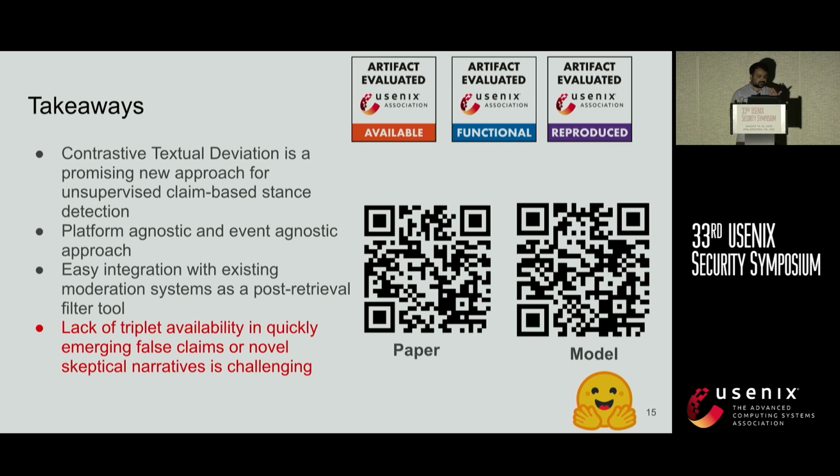There are some limitations of our work, because we assume that for any claim that we wish to moderate, there is availability of a triplet structure. In the case of newly emerging misleading narratives that might not always be available, and in those cases we might have to fall back to a soft moderation system without contextual filtering.